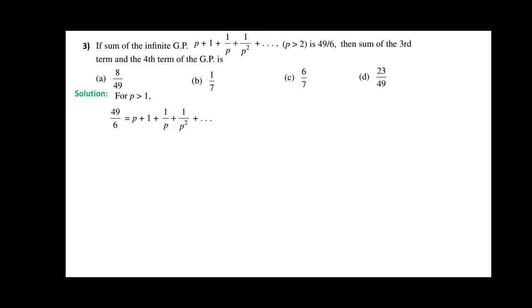Now observe students, in this given GP, P is the first term, and by dividing the second term by the first term, we will have the common ratio, that is 1 by P. Therefore the first term is P and the common ratio is 1 by P. Now the sum of an infinite GP will always be equal to the first term A divided by 1 minus R. So this is the formula we have, A divided by 1 minus R.